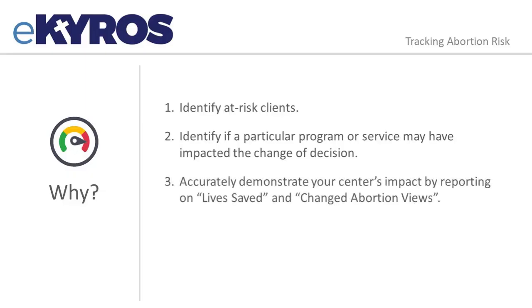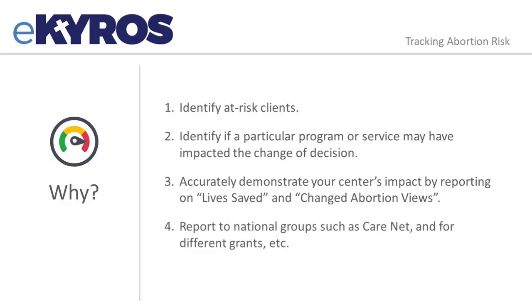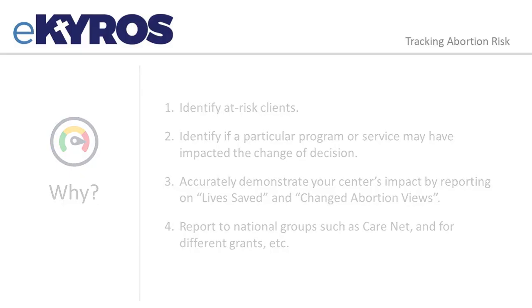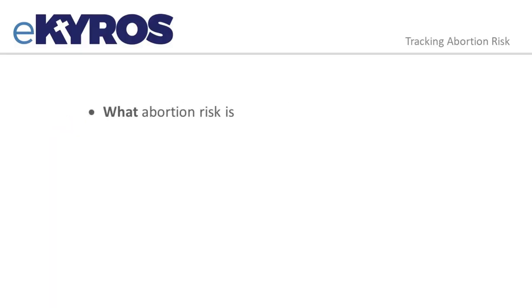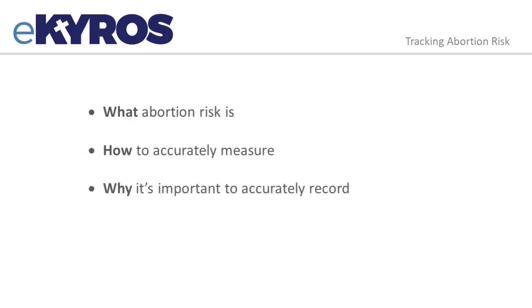Third, you are able to accurately demonstrate your center's impact by reporting on lives saved and changed abortion views. And fourth, many centers are required to report this information to national groups such as CareNet and for different grants, etc.